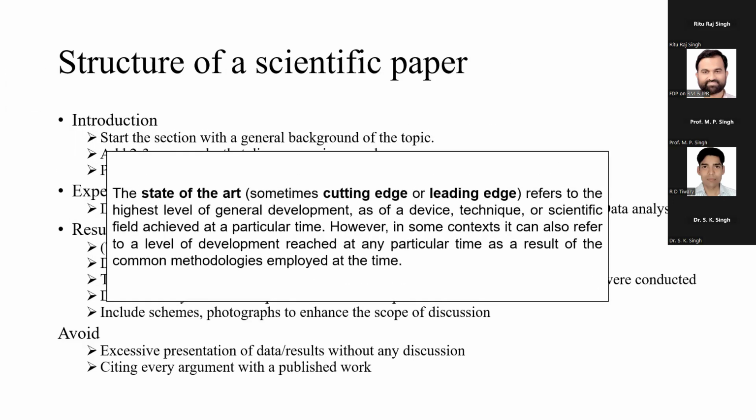So the state of the art is what I was telling you. Here I cannot advise, I can only request all of you, since all of you are doing some research, to avoid using research papers which do not have any meaning or value in the research community.